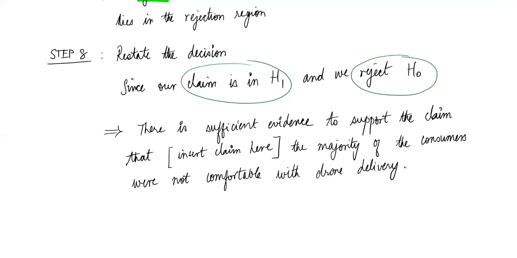Okay. So we have sufficient evidence to support the claim. So we're supporting the claim that the majority of the consumers were not comfortable with drone delivery. I hope you kind of enjoyed how we did it systematically, step by step, to arrive at this conclusion, right?